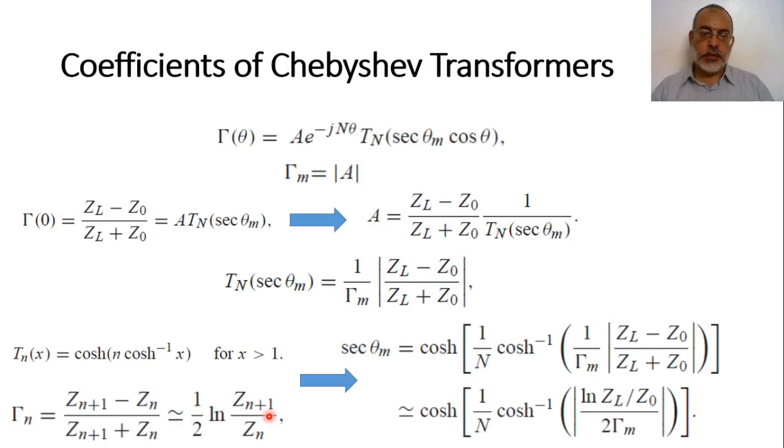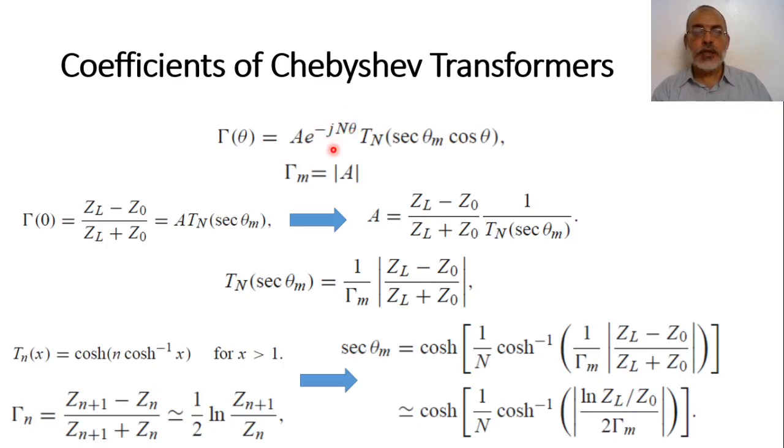At first, we say that the magnitude A corresponds to the maximum allowable reflection coefficient, because inside the range where sec theta maximum cosine theta is greater than minus unity and less than unity, the Chebyshev polynomial has a maximum magnitude unity, and e to the power minus j n theta has a maximum magnitude unity.